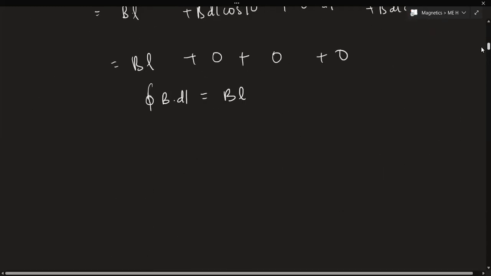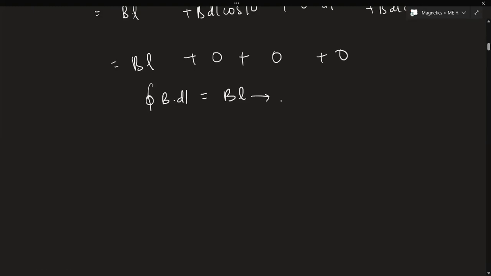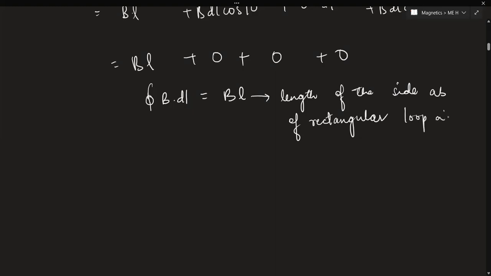I'll write it down as well. L is the length of the side AB of the rectangular loop ABCD. So L is length.